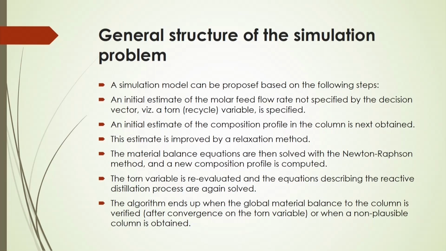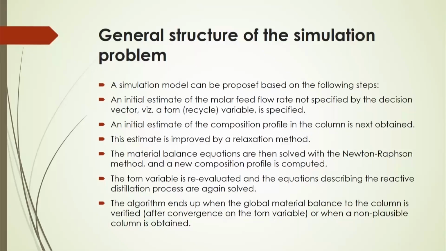Now, for the general structure of the simulation problem, a simulation model can be proposed based on the following steps. An initial estimate of the molar feed flow rate not specified by the decision vector, like a tear or recycle variable, is specified.